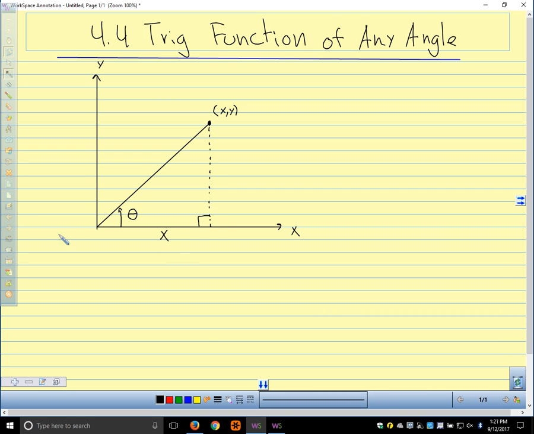That side is the x coordinate, and that side is the y coordinate. But in this case, we're not on the unit circle, so this radius, this hypotenuse of this triangle, is not 1. So I'm going to call it r. From the Pythagorean theorem, r is the square root of x squared plus y squared.